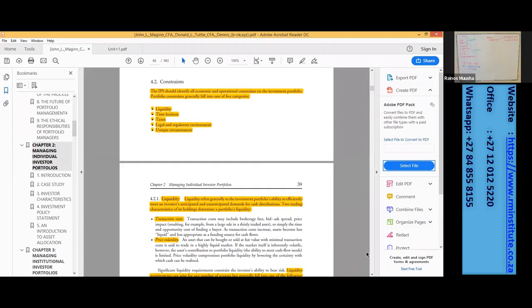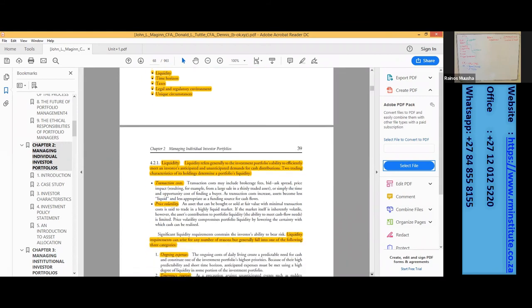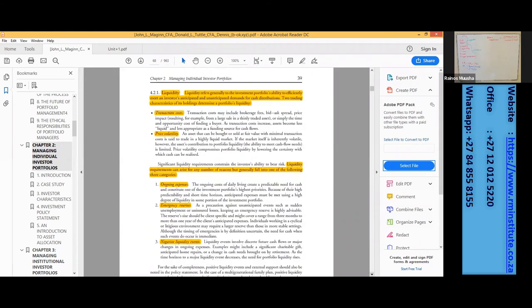unique circumstances. So now, when it comes to liquidity, they say liquidity refers generally to the investment portfolio's ability to efficiently meet an investor's anticipated and unanticipated demands for cash distribution. So 2 trading characteristics of a holding determine a portfolio's liquidity: the transaction cost and the price volatility. So the lower the transaction cost, the more liquid a portfolio can be considered to be.